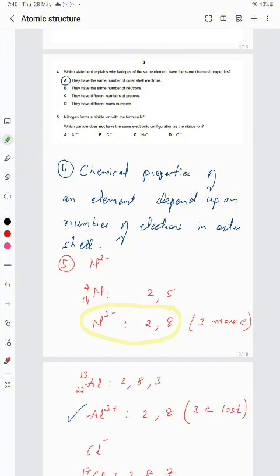First of all, for the N3 negative ion, you have to draw the structure of neutral nitrogen. The proton number is 7, the electron number is also 7, so the configuration is 2,5. But you are drawing a 3 negative ion, which means 3 electrons are further added. So the resulting configuration of N3 negative is 2,8.